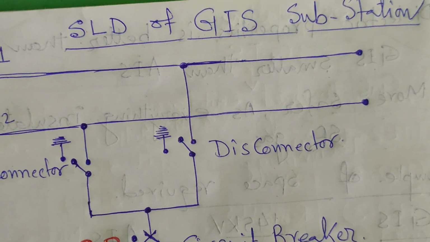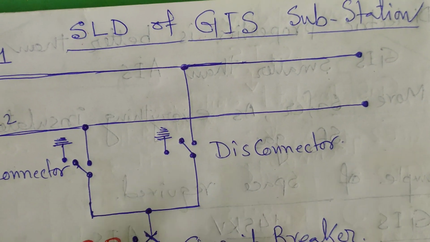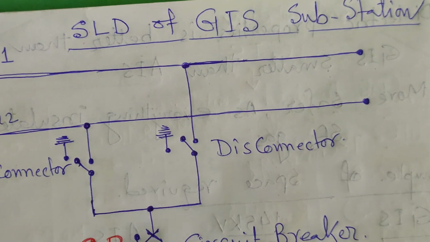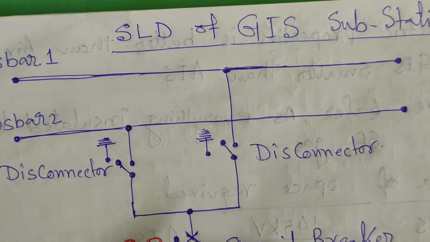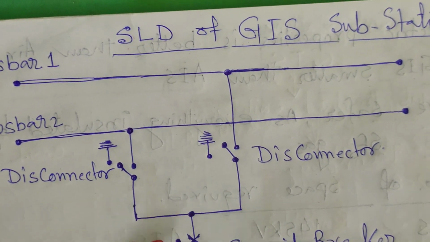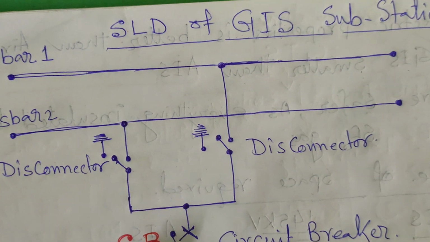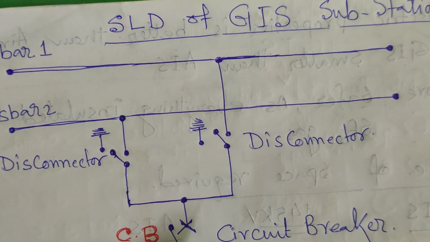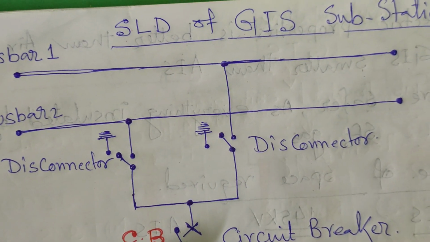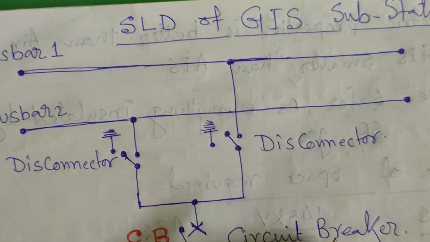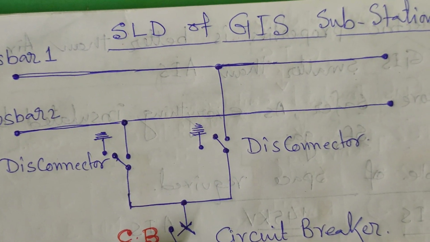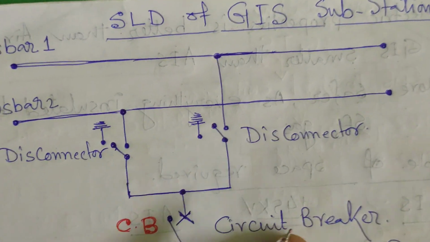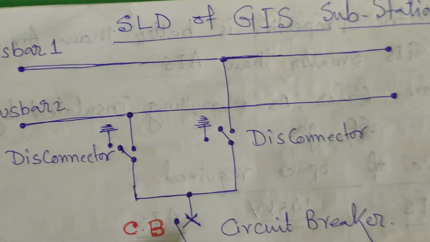Today I discussed a few bays that are connected to the GIS gas insulated switchgear for feeder purpose, for incomer purpose, for transformer purpose, etc. I discussed 220 kV GIS substations.